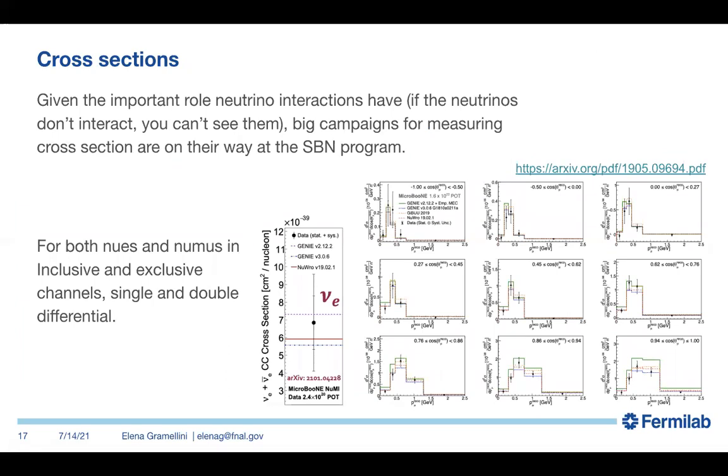Given the important role of these interactions and understanding the nuclear models, again, if neutrinos don't interact, you cannot see them. The SBN program is doing big campaigns for measuring cross-sections.